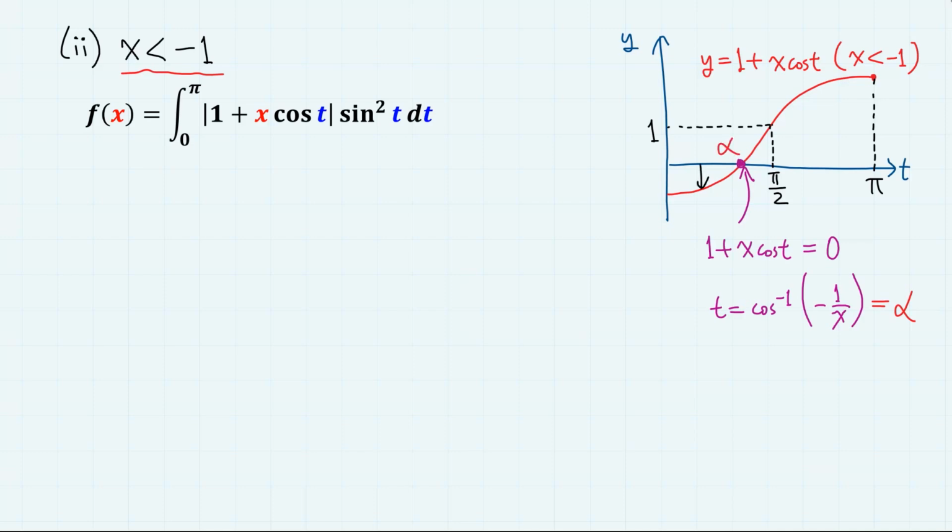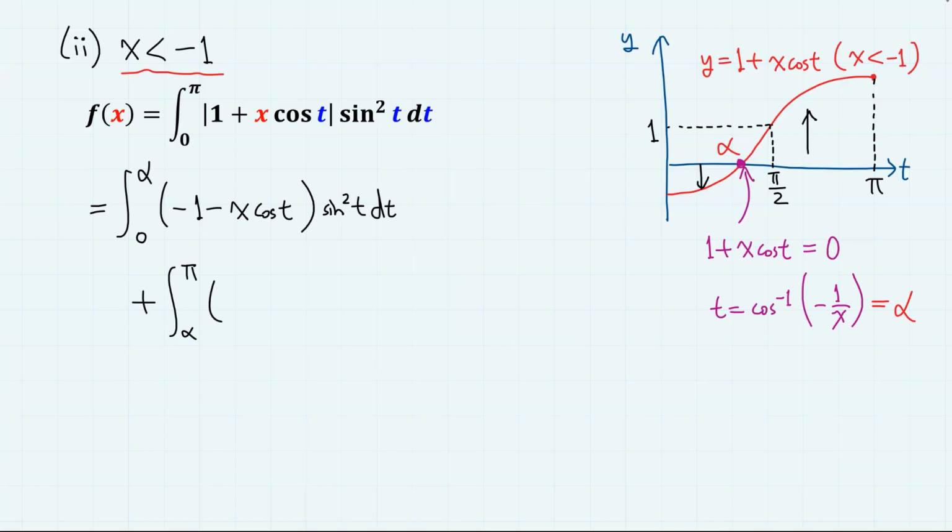This time the graph is negative on the left region, hence we have the integral from 0 to alpha of -1 minus x cosine t times sine squared t dt, and the graph is positive on the right, so from alpha to pi, the integral of 1 plus x cosine t times sine squared t dt.